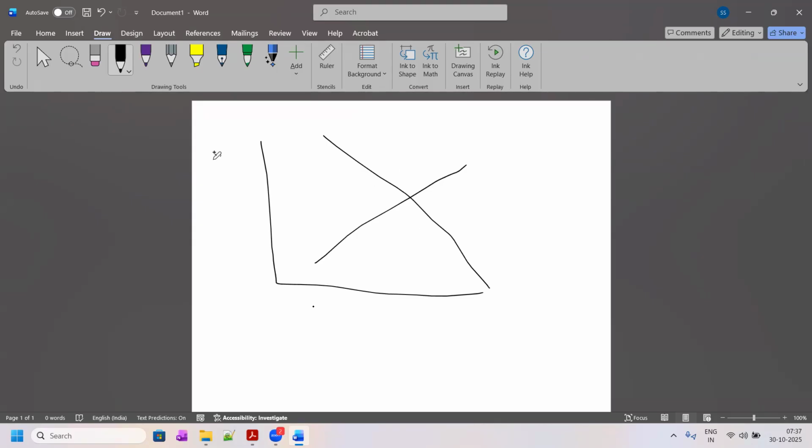Every linear relationship follows this equation, y equals a plus bx, where b basically means slope. So what is slope? If you don't know in mathematics, slope is basically the angle.